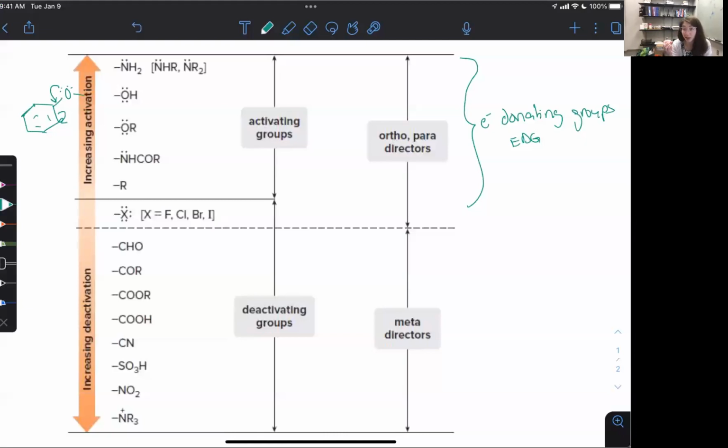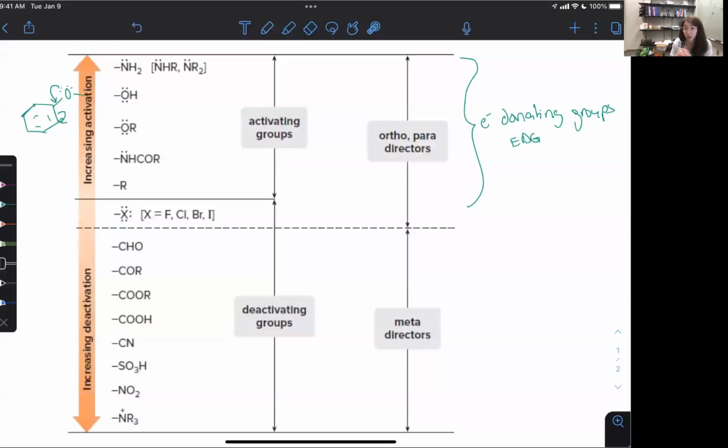That can help stabilize any kinds of carbocation intermediates that you have. It also means that the ring itself is more nucleophilic to start with. As we have electron density going into the ring, we can imagine a delta negative here, here, and here. If you go through those resonance structures, those are nice sites of nucleophilicity on that ring.